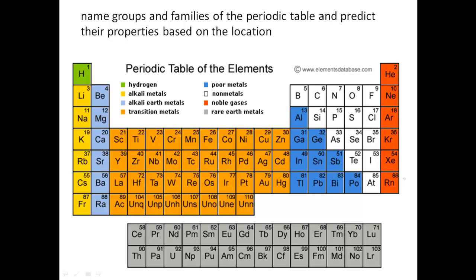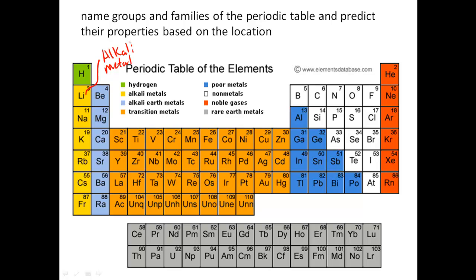You should be familiar with names of families on the periodic table and know something about their properties just based on their location. For example, here in this light yellow section we have the alkali metal family.